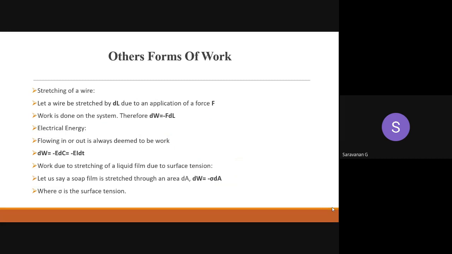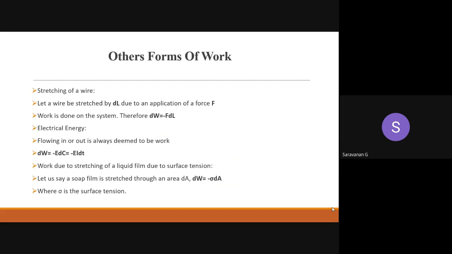Work done in the system due to wire stretching: for example, stretching of a wire, in the opposite direction, therefore dW is minus F dL. If you go for electrical energy flowing in and out as work, dW is equal to minus E dC, so minus E into L into dt, involving the length of the wire with respect to time, the change in temperature, voltage and so on.